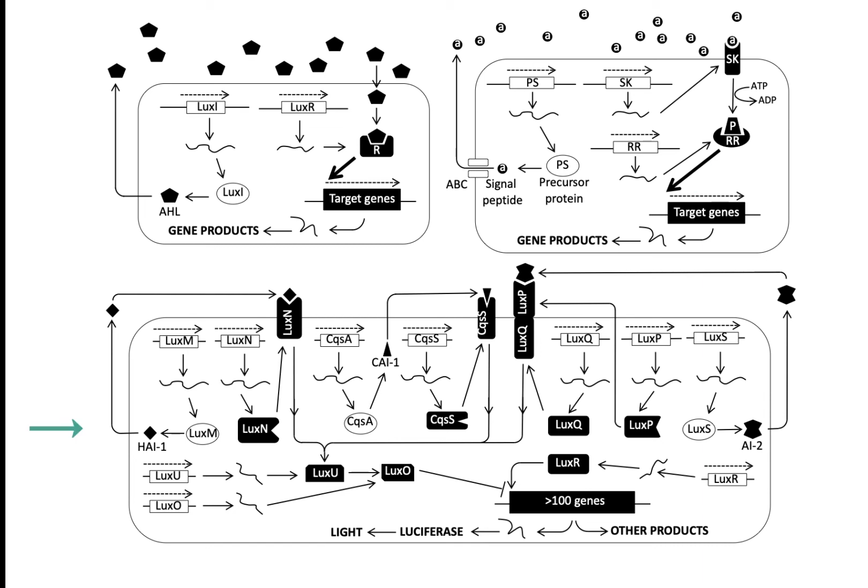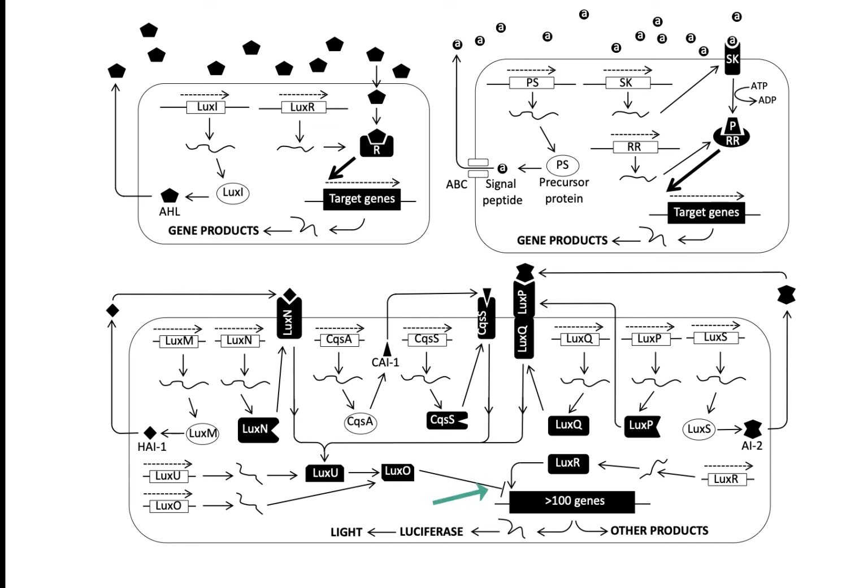Then on the lower part, there's one that's a little more complex in that several different molecules are produced that interact with different receptors, some of which can stimulate expression, while others will actually inhibit expression of the target genes.